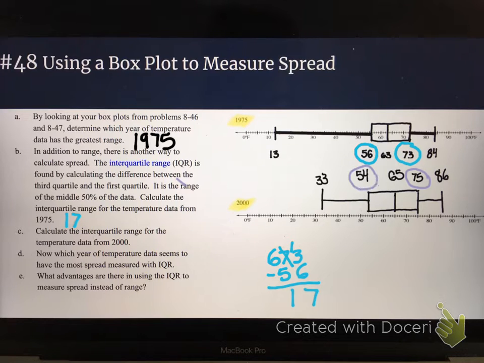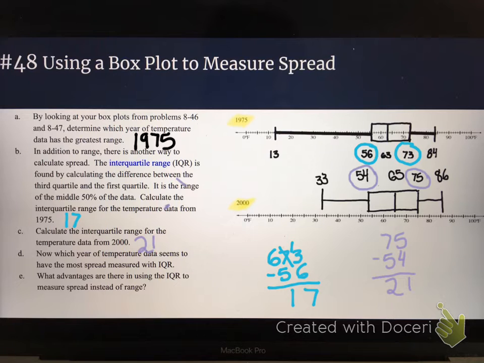Good, 54. Now we subtract those two numbers to get the interquartile range. If you haven't done so yet, go ahead and pause the video. If you have, continue on. 5 minus 4 is 1. 7 minus 5 is 2. This is 21.